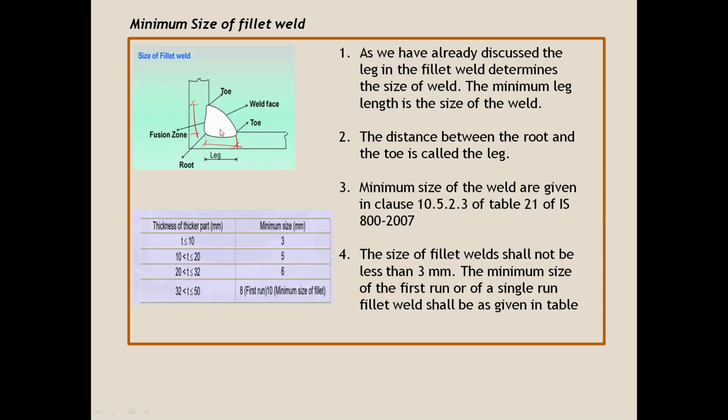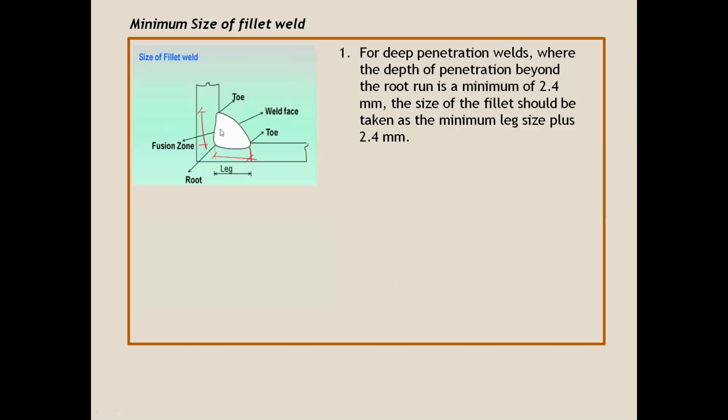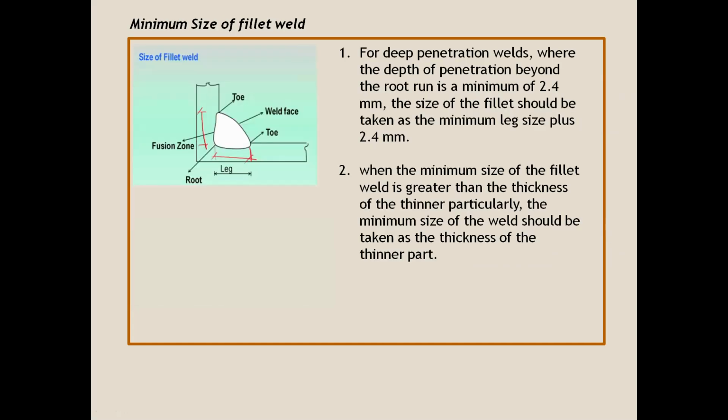Next, go to the minimum size of weld for deep penetration welds, where the depth of penetration beyond the root run is a minimum of 2.4 mm. The size of the fillet weld should be taken as the minimum leg size plus 2.4 mm. That is the root penetration, the depth of penetration beyond the root.